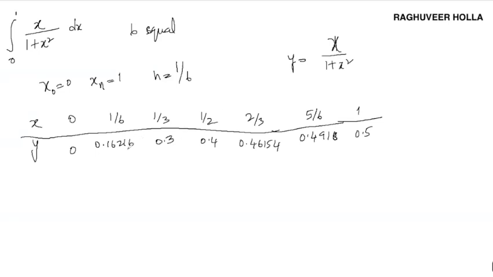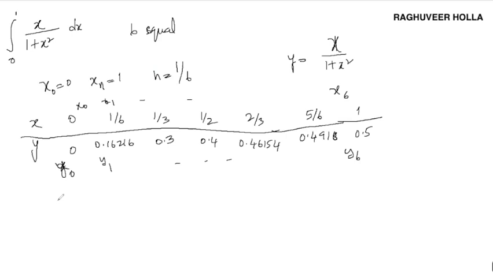So here are all the values. So we got this. As you know, in the previous problem, these are your x naught, x1 to xn, which is x6, because 6 equal parts. This is corresponding to x naught. This is y naught, y1, and this is y6.